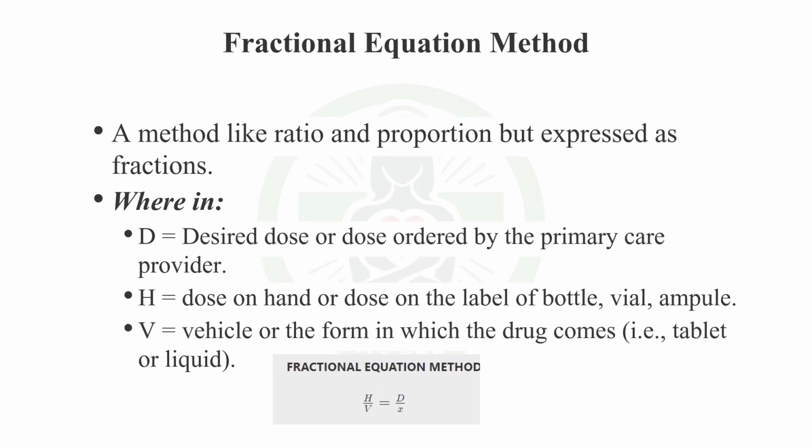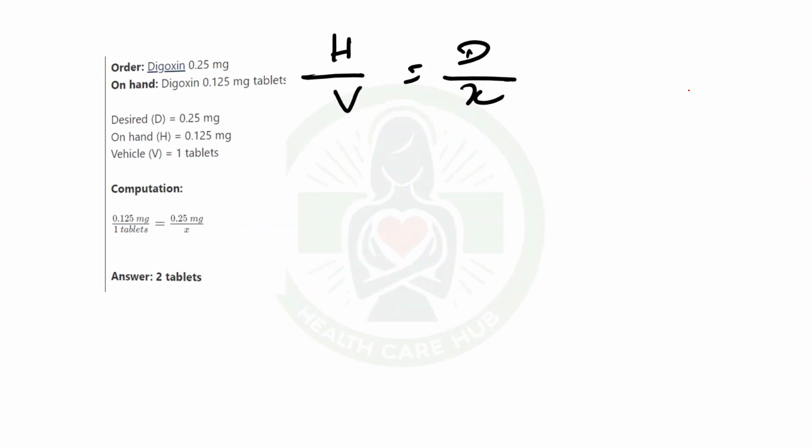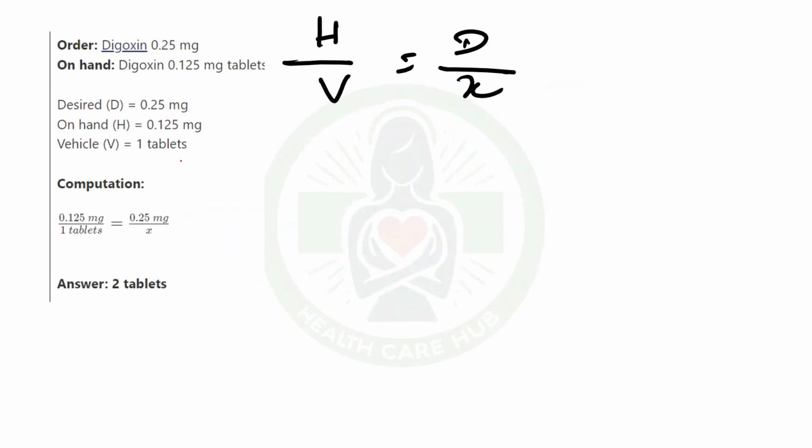The fractional equation method, which I just told you, is H by V is equal to D by X. Then one more. Here the ordered dose is 0.25, and what is available on hand is a 0.125 mg tablet.